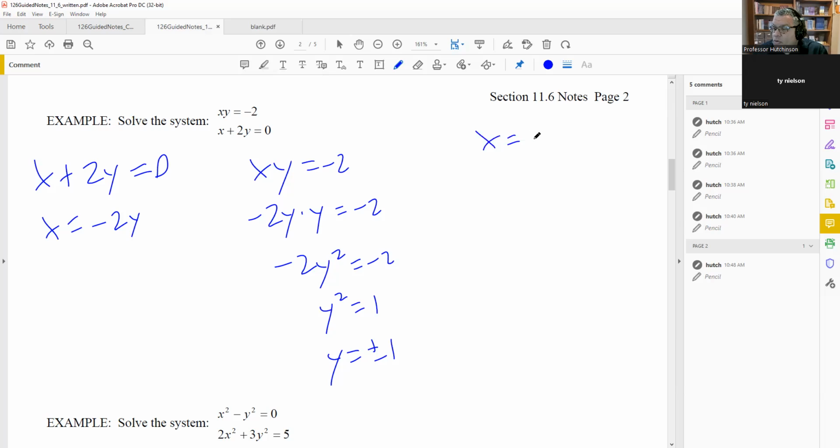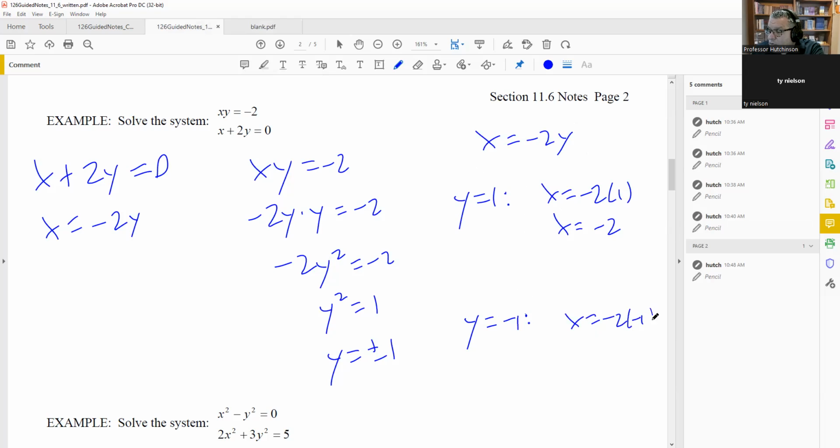So I'm going to use this equation, x equals -2y, with y equals 1 and with y equals -1. So if y equals 1, I have x equals -2 times 1, so x is equal to -2. And if I put -1 in there, I get x equals -2 times -1, so x is equal to 2.